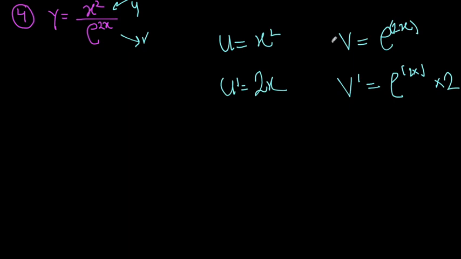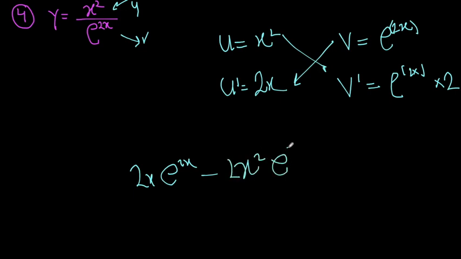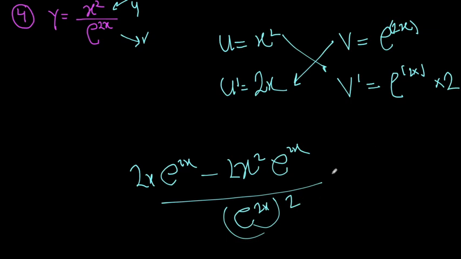So then we will multiply this way, and we will write e to the power 2x times 2x minus this multiplied by this, you get x square 2 e to the power 2x divided by e to the power 2x to the power 2. Okay, and you can take e to the power 2x common here. Here you will get 2x, and here you will get 2x square.